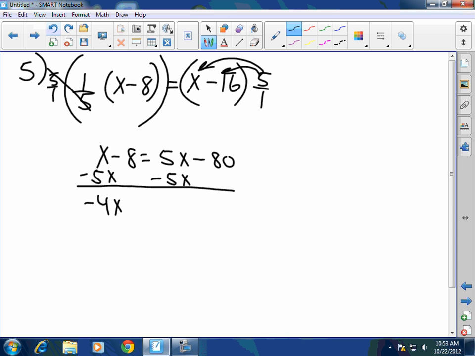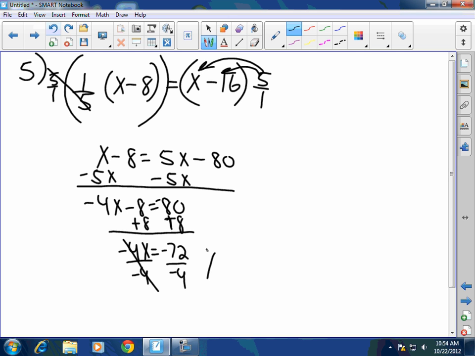Got negative 4x minus 8 equals negative 80. Add 8 to both sides. Negative 4x equals negative 72, divided by negative 4. And x is going to equal 18, positive 18.